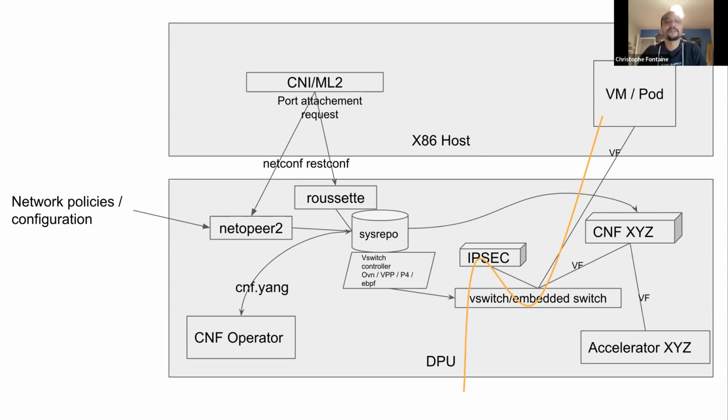Maybe it's another bus. So we need a different operator to connect that accelerator to that CNF. That should be completely internal to the DPU. Yet, for the x86 host, what we should really care about is only the YANG models that will be exposed, so that we can have continuity between different hardware vendors.